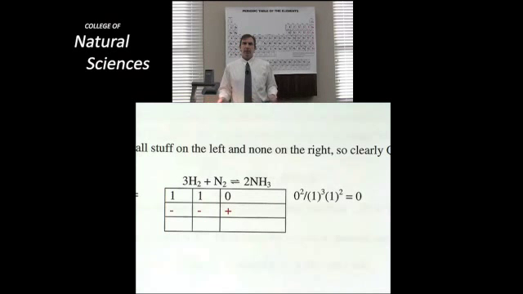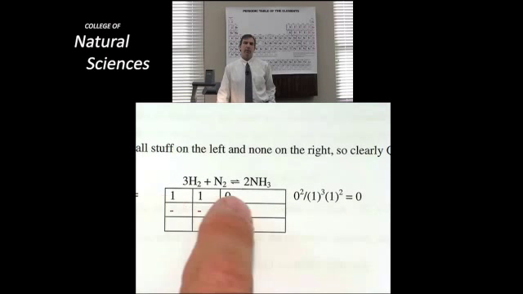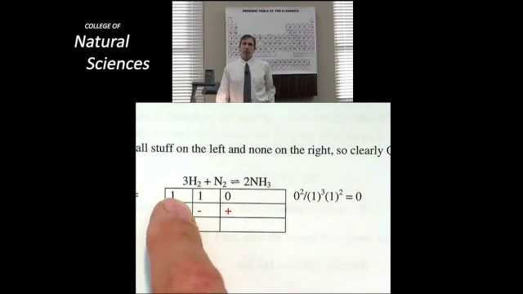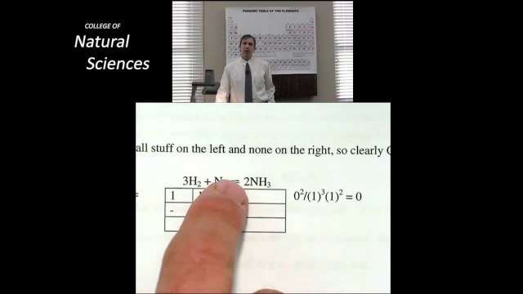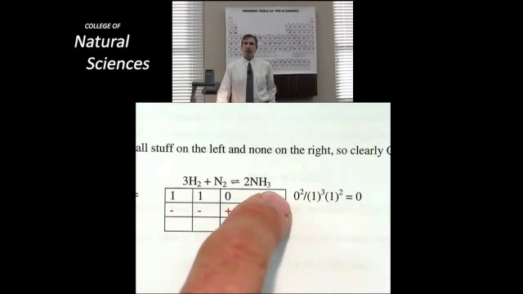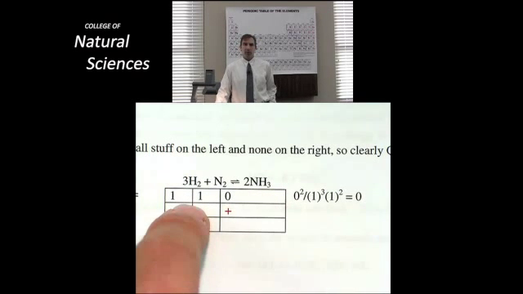So let's go ahead and look at a few examples of what I've just shown you here. In this first case, as we're comparing Q and K and figuring out whether a reaction shifts left or right, here is my starting material. Now, we don't actually have to do a Q versus K calculation to figure out what's going on. We can simply see that because I have all stuff on the left and no stuff on the right, there's only one way this reaction can go, because you obviously can't go that way when there's nothing to go that way.